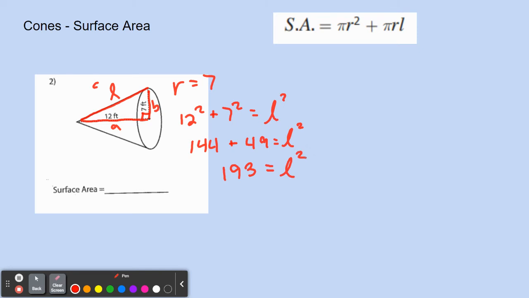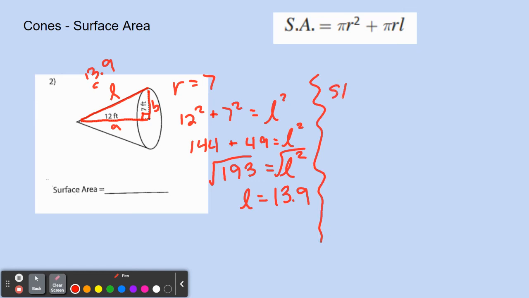And then if we square root both sides, L is going to be equal to 13.9. Okay, so once we have that information, I'm going to write it in our diagram. Now we can use that to find our surface area.